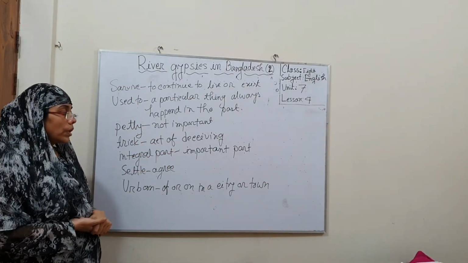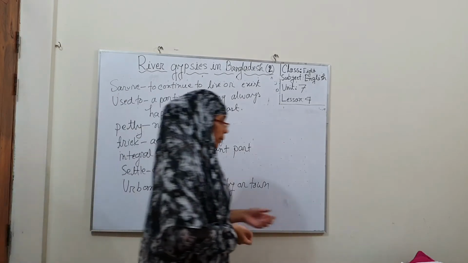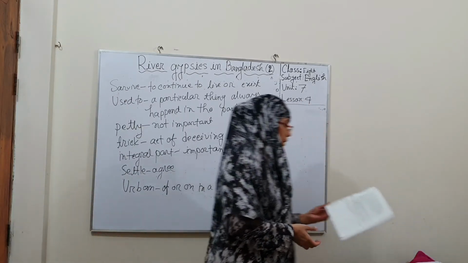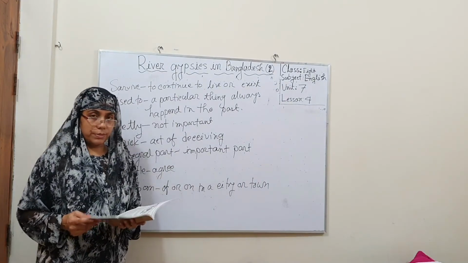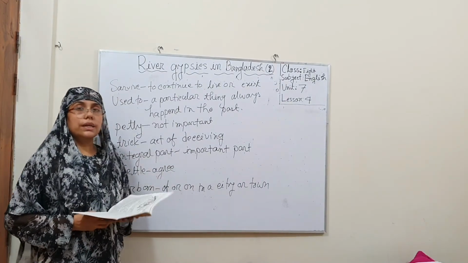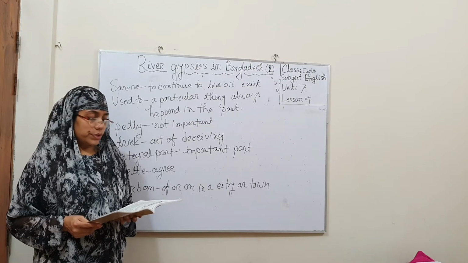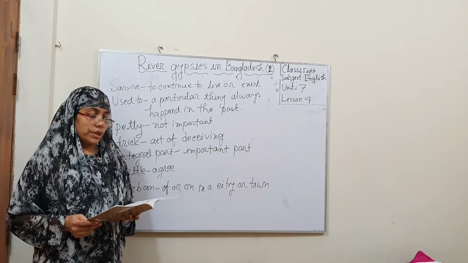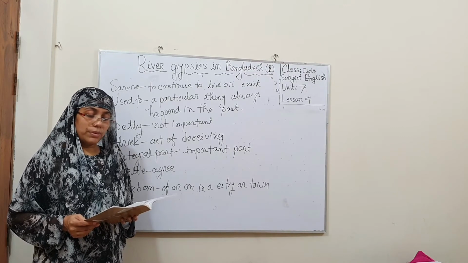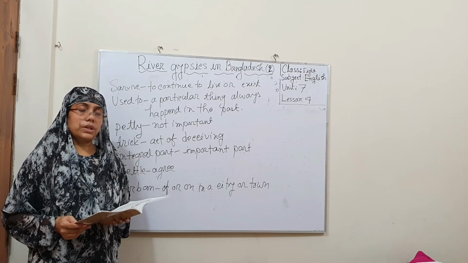Now I will present some questions before you, and we will discuss the answers of these questions. Dear students, the very first one is, what are the main problems that river gypsies are facing?